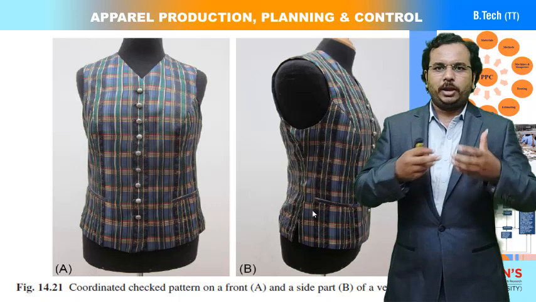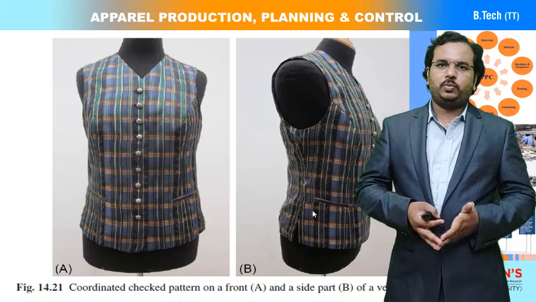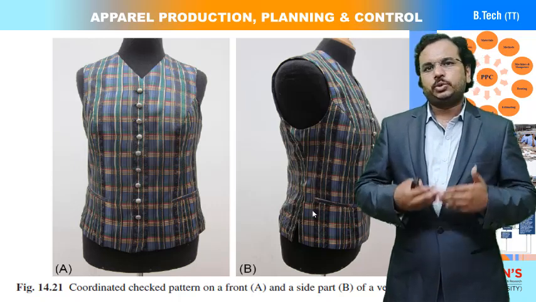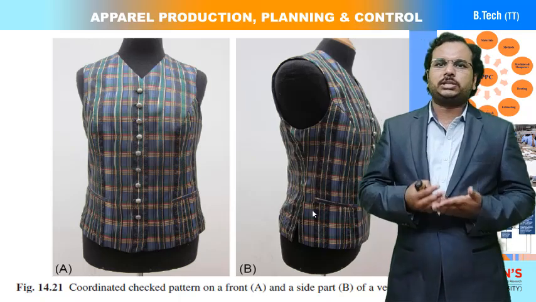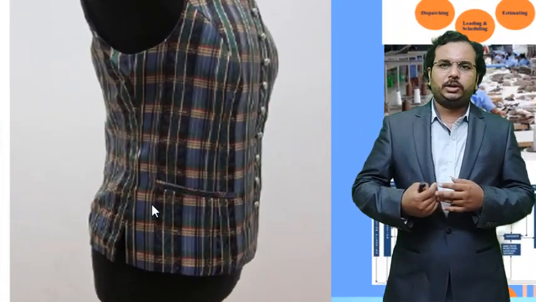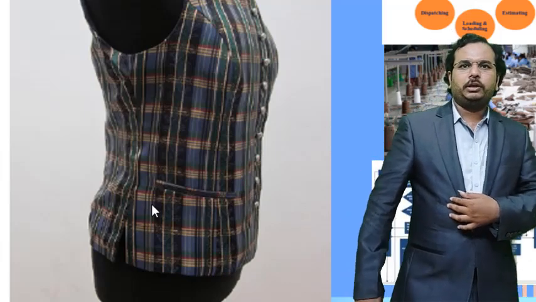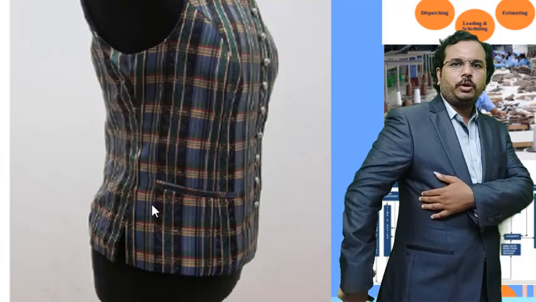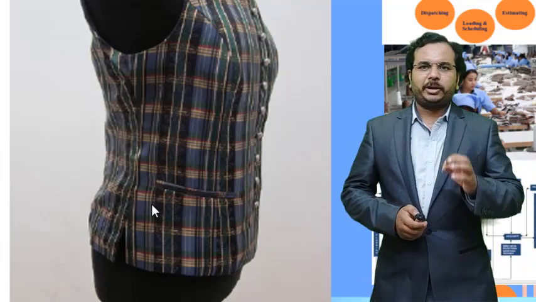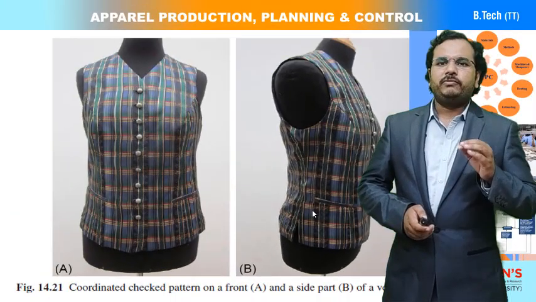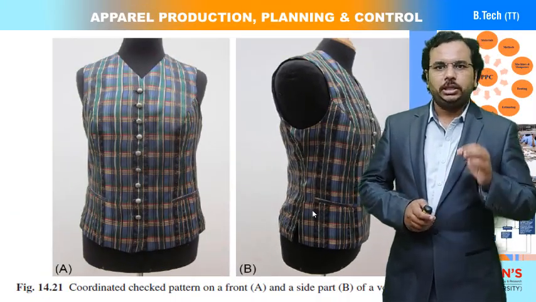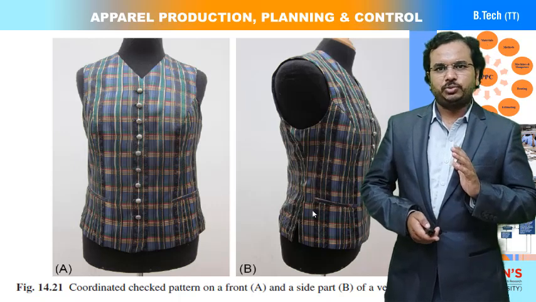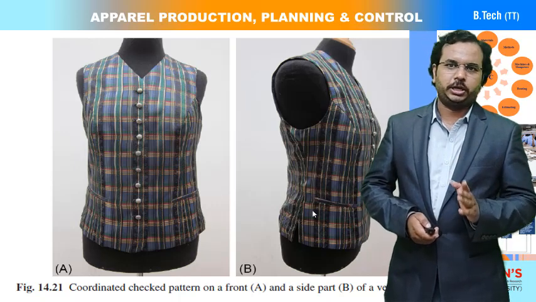Okay, so while making the marker and while cutting, you need to see all these considerations. Along with that, you can observe the side part of the panel of the garment, where the back bodies match the front bodies. The perfect matching can occur if you follow the grain lines in the length direction as well as the width or cross direction.